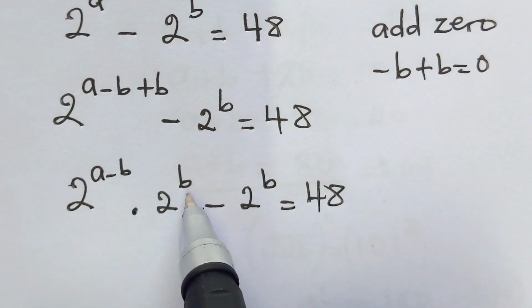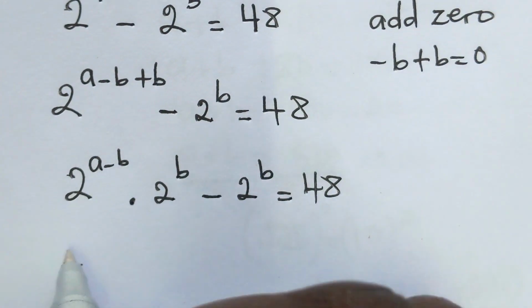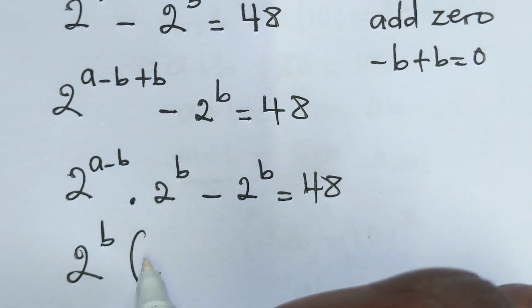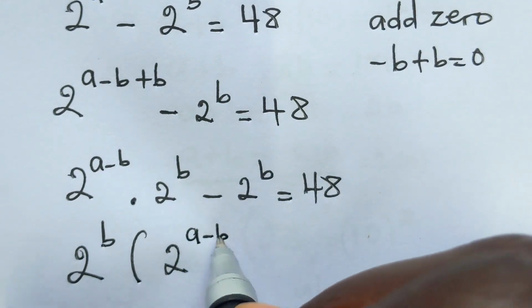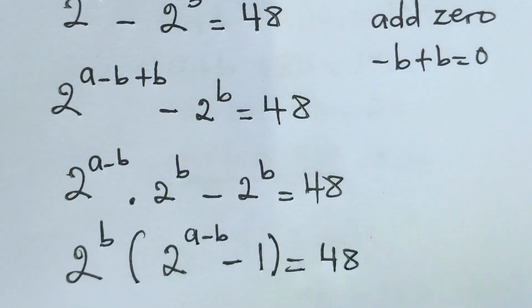This is equal to 2 power a minus b times 2 power b, minus 2 power b, equals 48. Because 2 power b is common, we can factorize it outside to get 2 power b, open bracket 2 power a minus b, then minus 1, close bracket, equals 48.